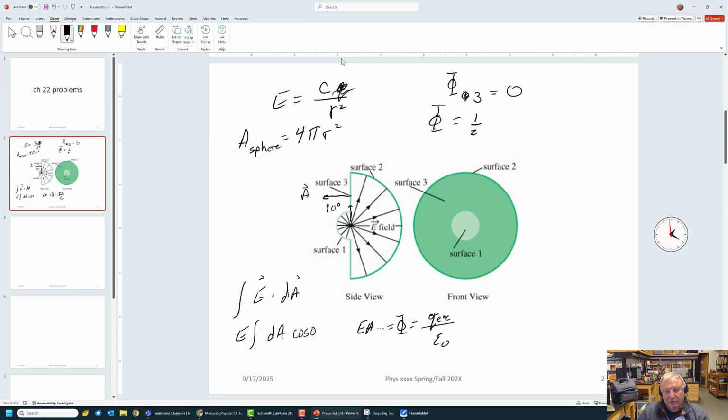But they just wanted the flux, so we just need EA, and A just happens to be 1/2.